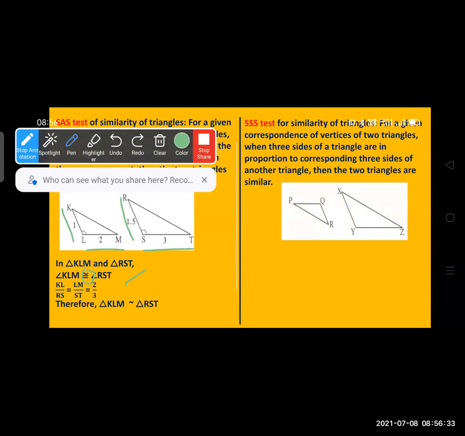Hence we say that triangle KLM is similar to triangle RST, and the test of similarity is the SAS test.